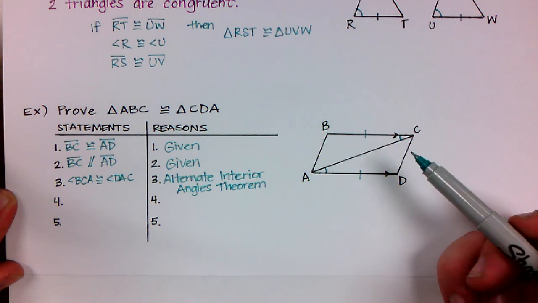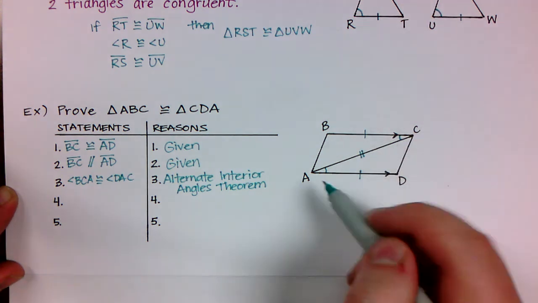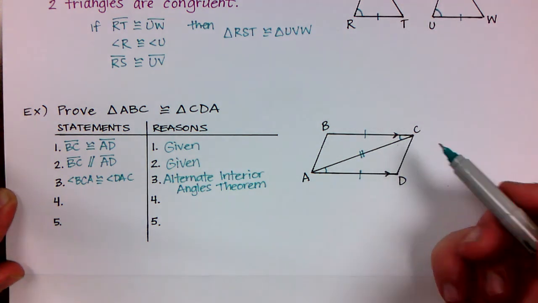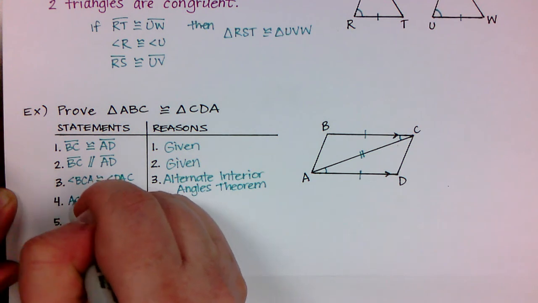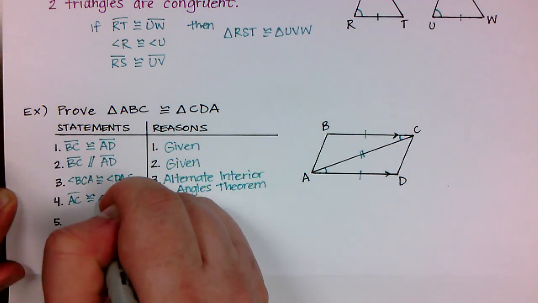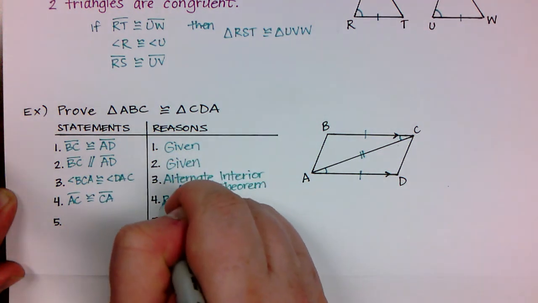So I have my angle, I'm looking for one more side, and I can see right here that AC is shared in both of those triangles. So I can say side AC is congruent to side CA by the reflexive property of congruence.